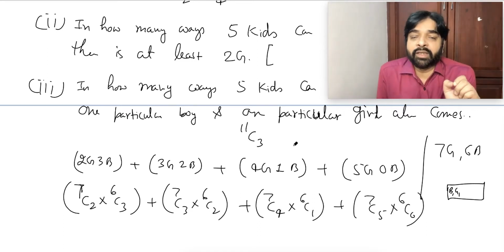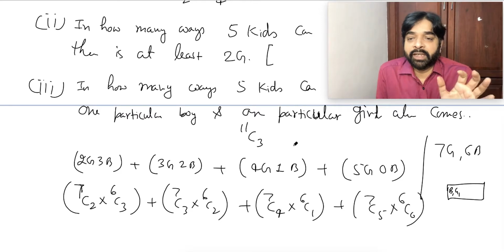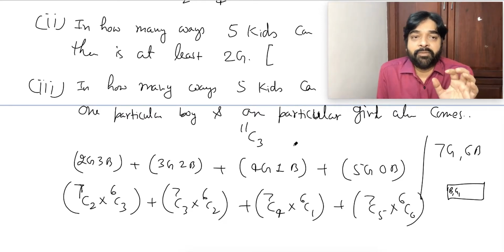How many of you got this? 11C3. Nobody got it. Did you understand this point? We have to select 5 people, so 2 people are already there. They are always there, so only 3 people we have to select out of 11 people.